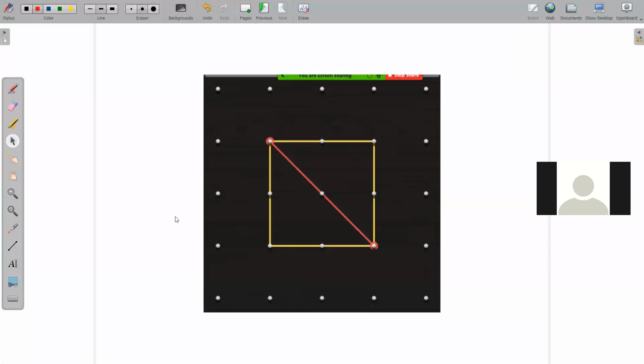And let's mark this up in maybe yellow. So this rectangle has a base of 2 and a height, H-E-I-G-H-T, of 2. So that means its area, which equals base times height, is 2 times 2, or 4.